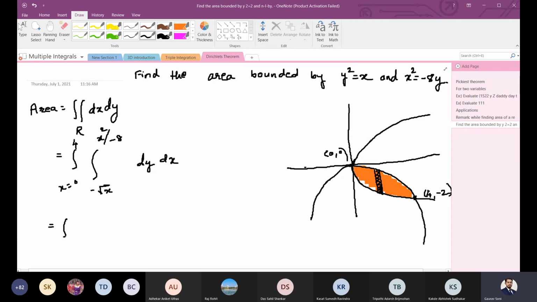So this is 0 to 4, x square by minus 8 minus of minus plus root x, dx. This can further be integrated.